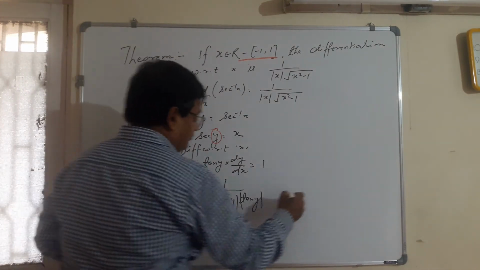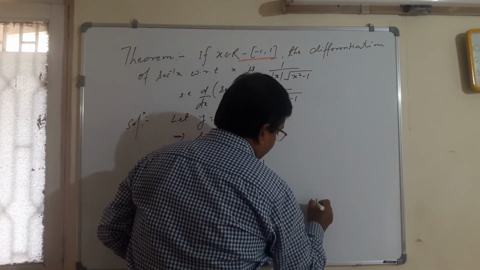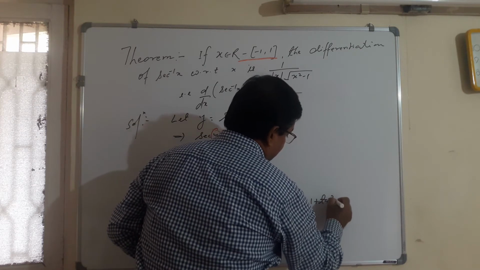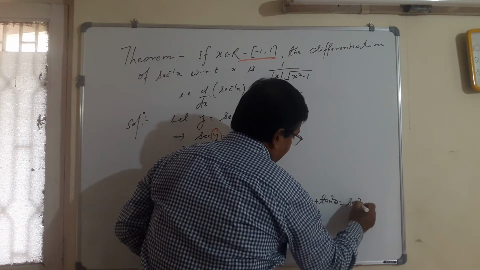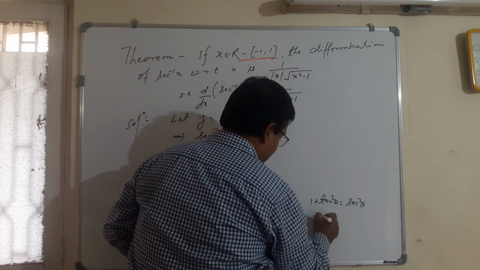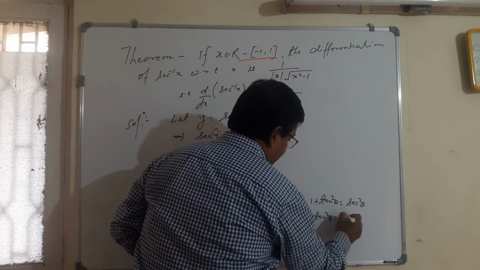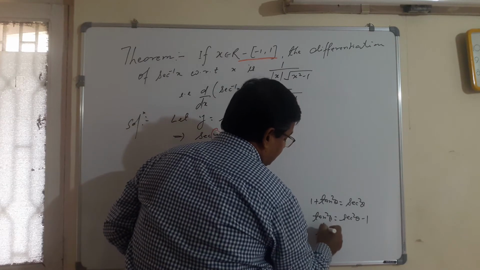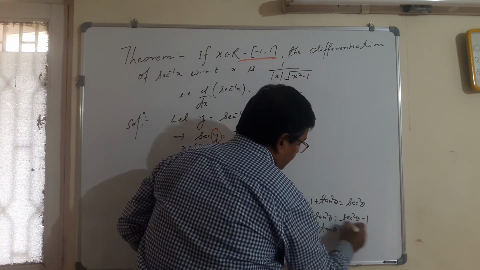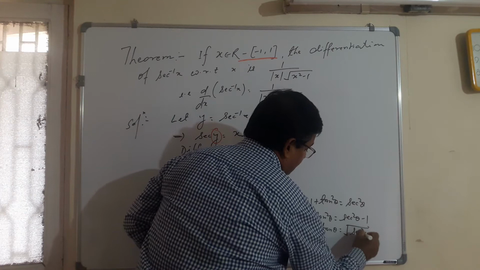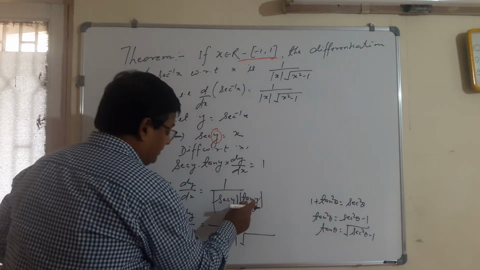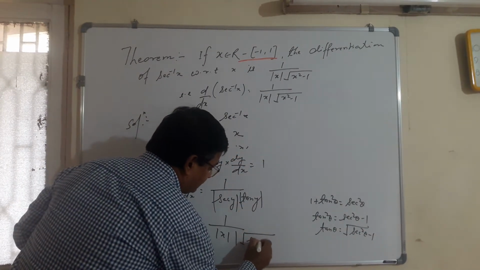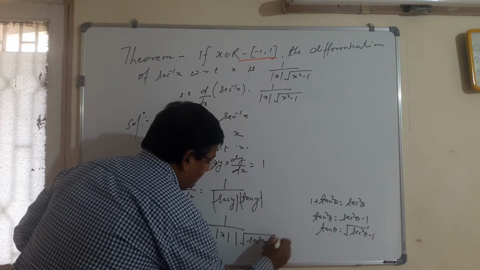We know that 1 plus tan square theta is equal to sec square theta. So tan square theta is equal to sec square theta minus 1. So tan theta is equal to square root of sec square theta minus 1. So here tan y becomes square root of sec square y minus 1.